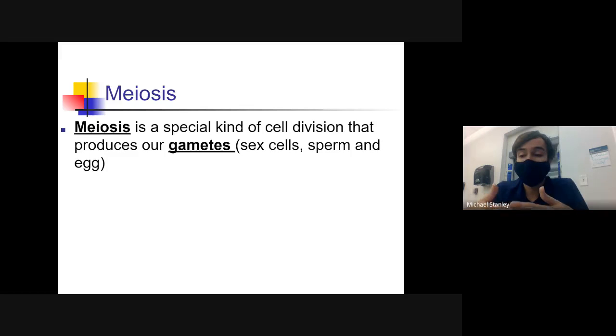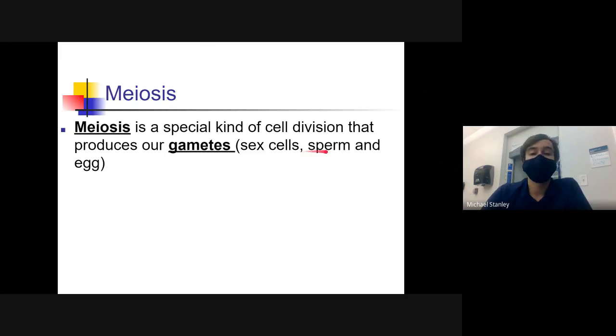So meiosis is the cell division that produces our gametes. So our sperm cells and our egg cells don't come through regular mitosis cell division, unlike all the other cells in your body. So all of your skin cells, all of your bone cells, all of your muscle cells, all of your brain cells, they are all here due to mitosis.